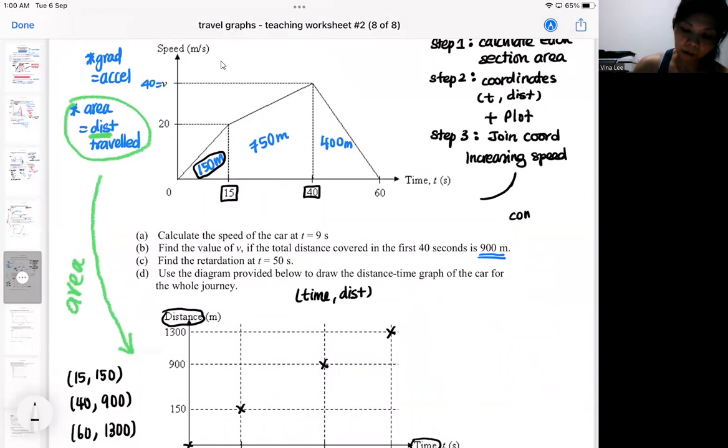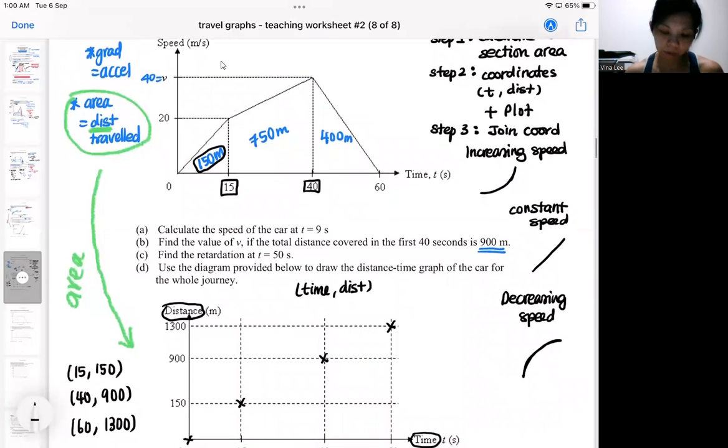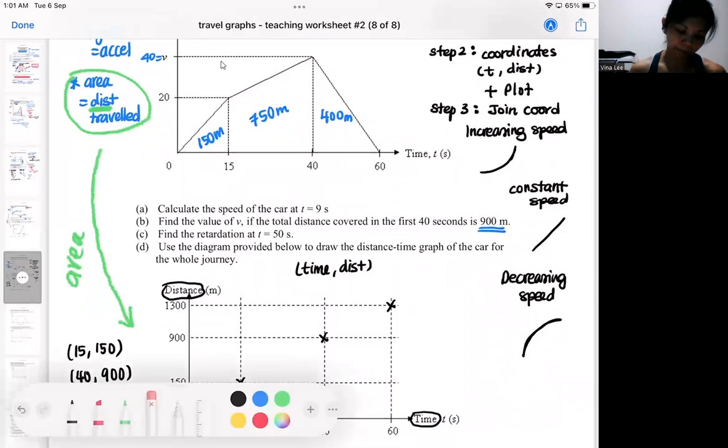So if it's a constant speed, you will join the point like this. So if it's a decreasing speed, you will join like this. Okay, so this will be the main 3 steps. I'm going to show the joining right now.